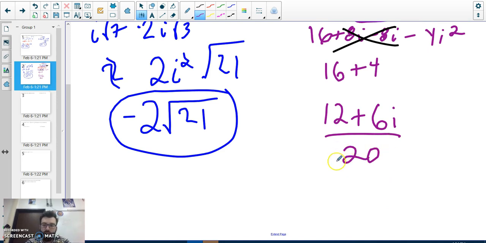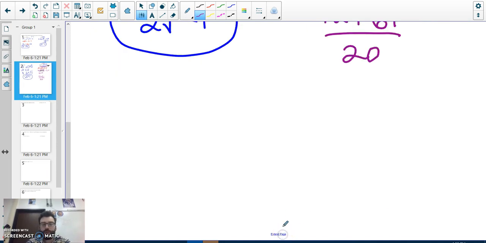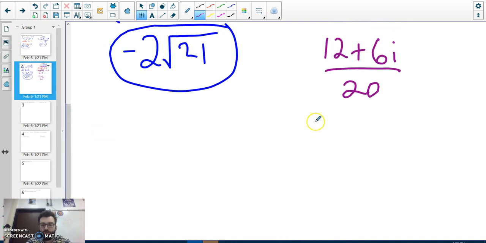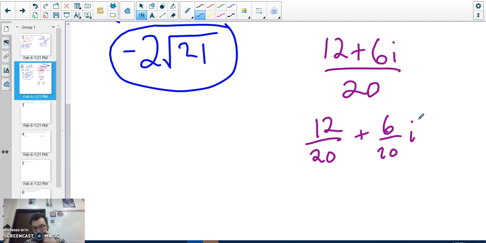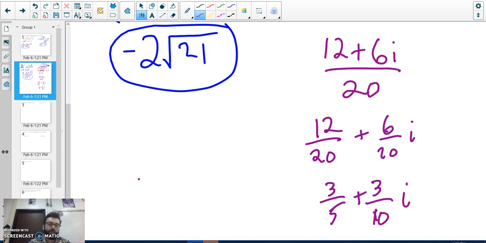So I have a constant on the bottom, so I'm going to write this as 2 separate fractions. 12 over 20, I'm going to split it, plus 6i over 20. After I split it, I reduce. What goes into both? 4 goes into both. 3 over 5 plus 3 over 10 i. You want to write it as 2 separate terms like this because technically standard form is a plus bi.